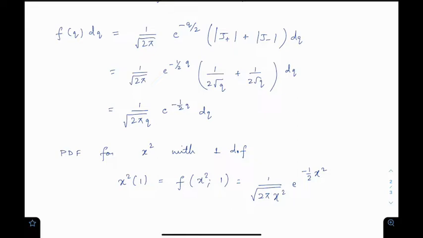Now notice that we are using the same symbol chi-square for the random variable as well as its PDF.